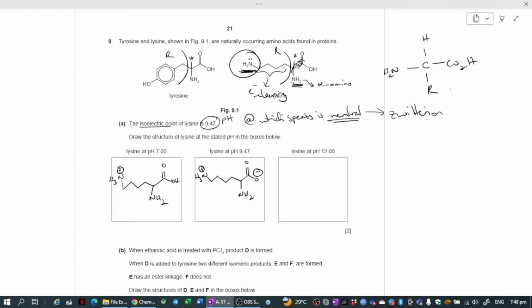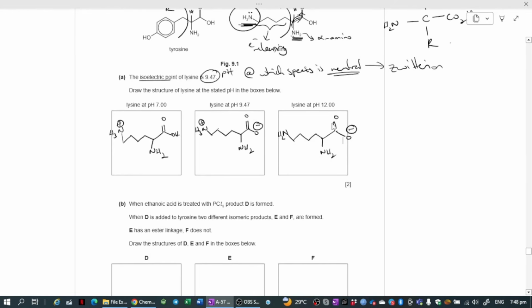What would happen is you would end up having the carboxylic group deprotonated, and the NH3 plus will be neutral. So you will have NH2, 1, 2, 3, 4, NH2, COO minus. So those are the three species you would have at the various pHs, right?